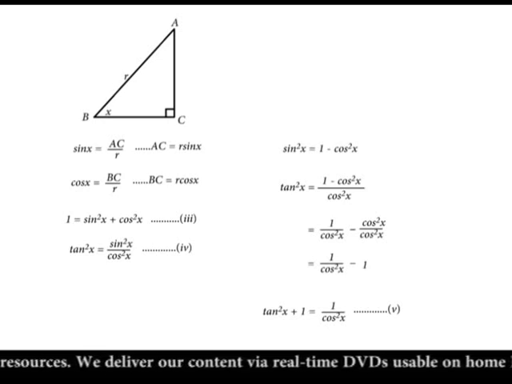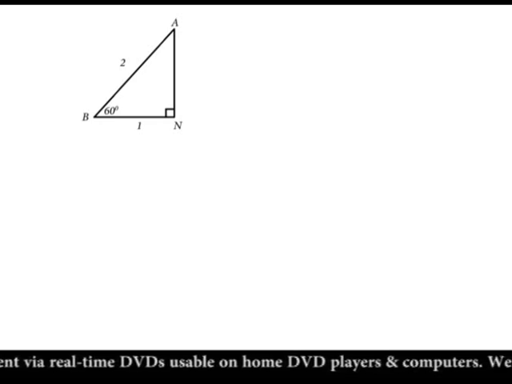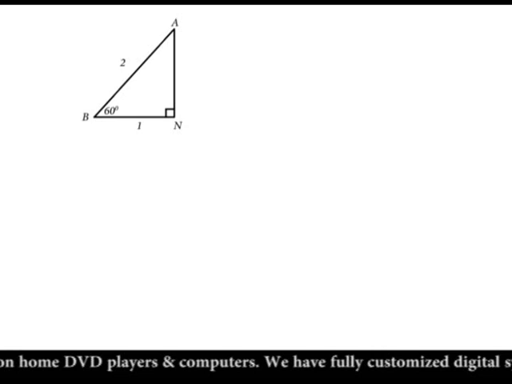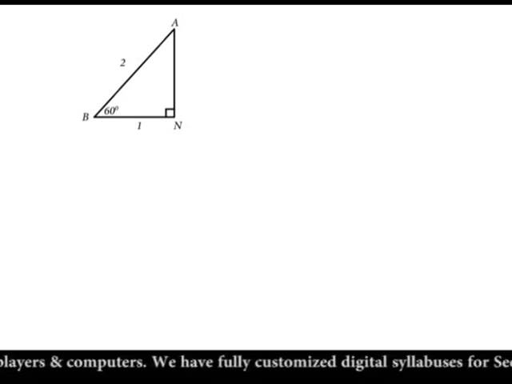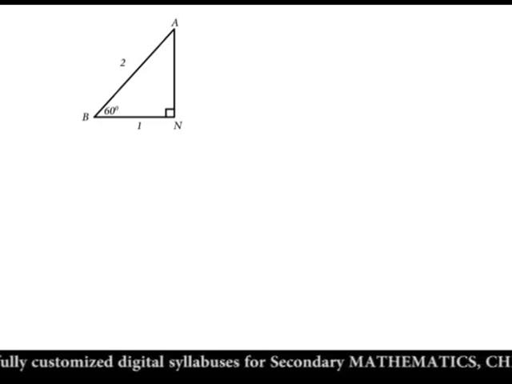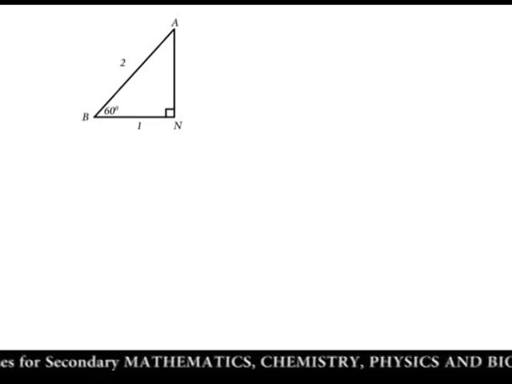Now, consider this right angle triangle ABN with a hypotenuse of 2 units and one of the shorter sides is 1 unit. We also have one of the acute angles 60 degrees. We want to use this triangle to prove that these relationships are indeed true. But first we find the missing side.